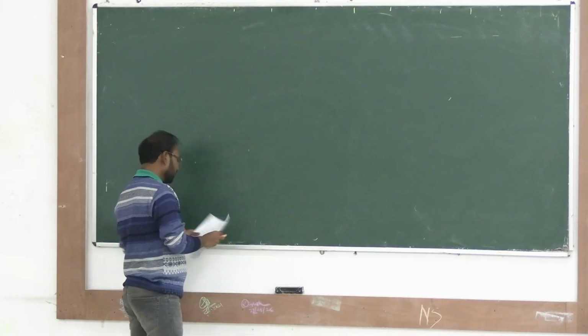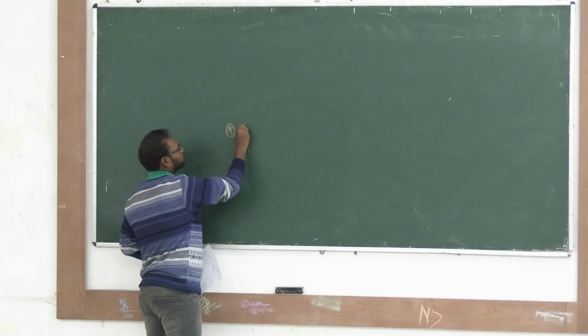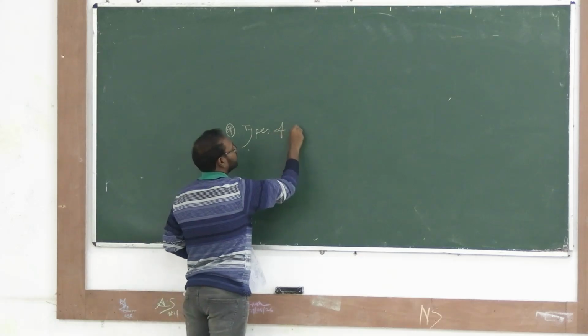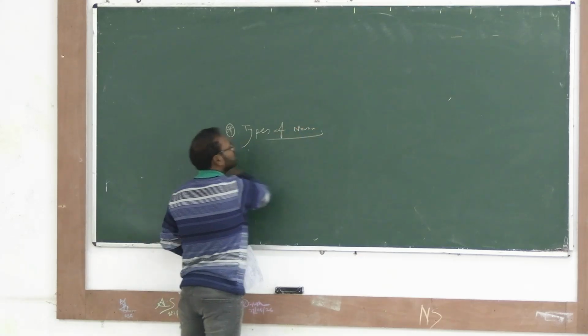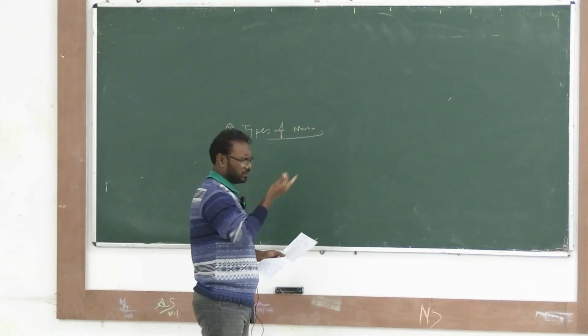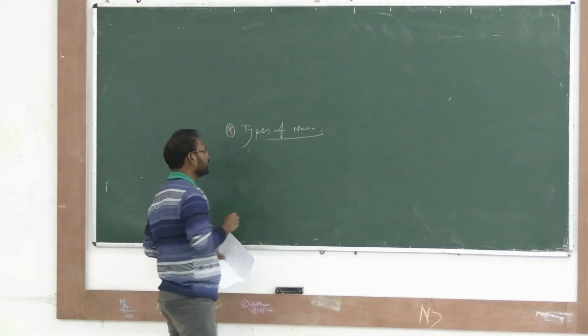So now we will study the types of neurons. What are the different types of neurons? They are differentiated by the number of poles present. First is unipolar.